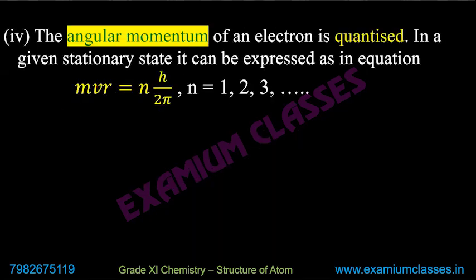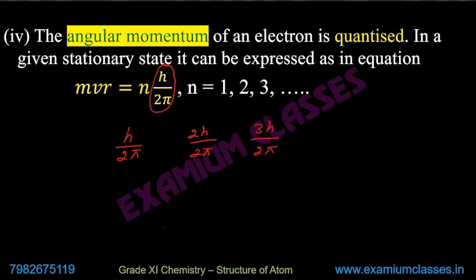Angular momentum, according to this theory, which we talked about, mvr, is quantized. Angular momentum is given by mvr, but this theory says it is quantized, meaning it can be in steps of h by 2 pi. So if n is equal to 1, angular momentum will be h by 2 pi. If n is equal to 2, then it will be 2h by 2 pi, that is h by pi, then 3h by 2 pi, and so on.